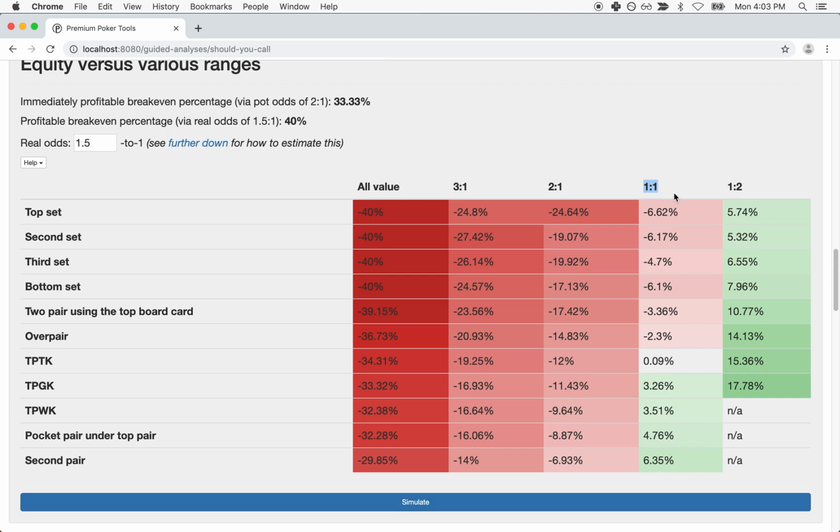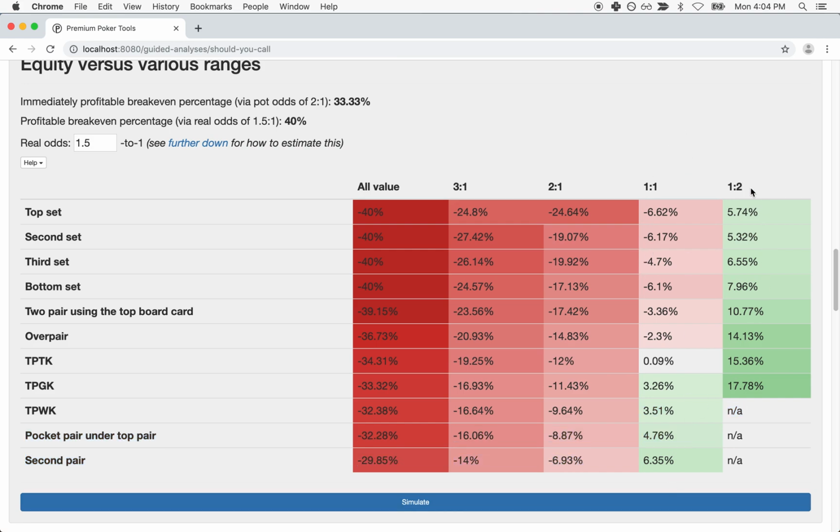If they're only value betting their overpairs and better, then we can't really call. But once they start to value bet top pair with a weaker kicker, now we can call. If they start to value bet pocket pair under top pair or their second pair like a jack, now it starts to become profitable. So that's how you can interpret this table.